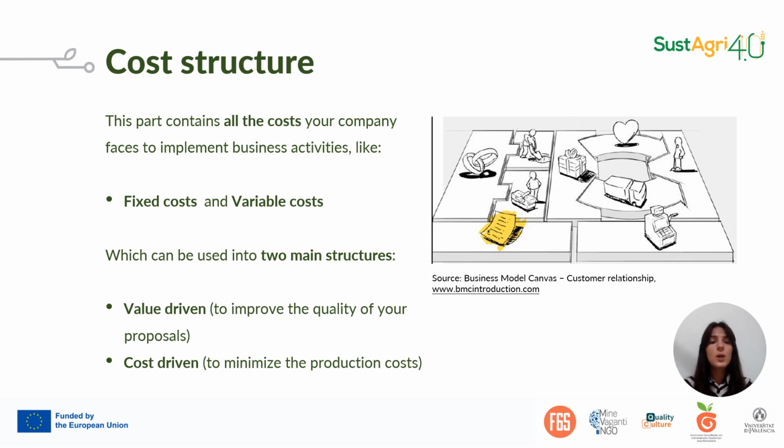We, moreover, could divide these costs into two main structures. So we can talk about the value-driven cost. Here, customers that buy value-driven products and services are less price conscious and value quality, performance, and convenience over price, while cost-driven structures are focused more on keeping costs or expenses down.